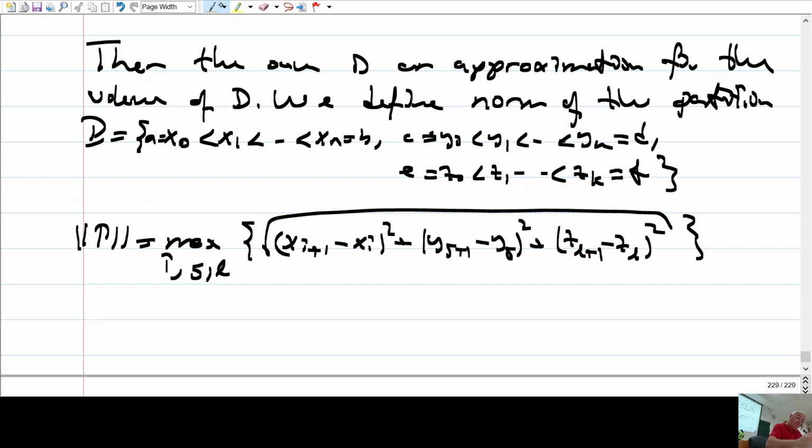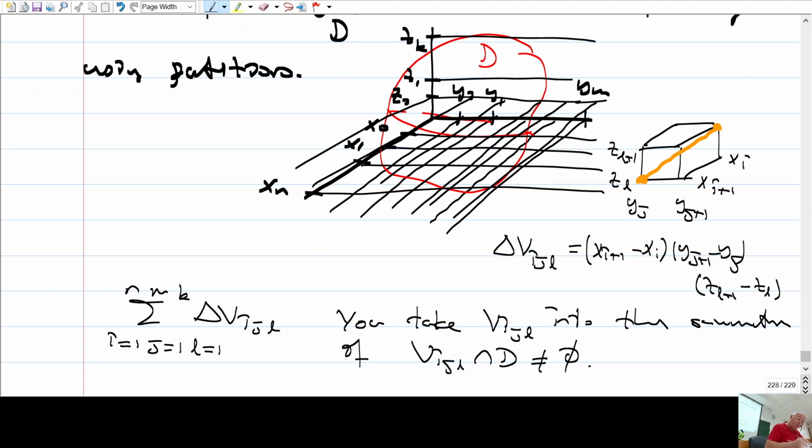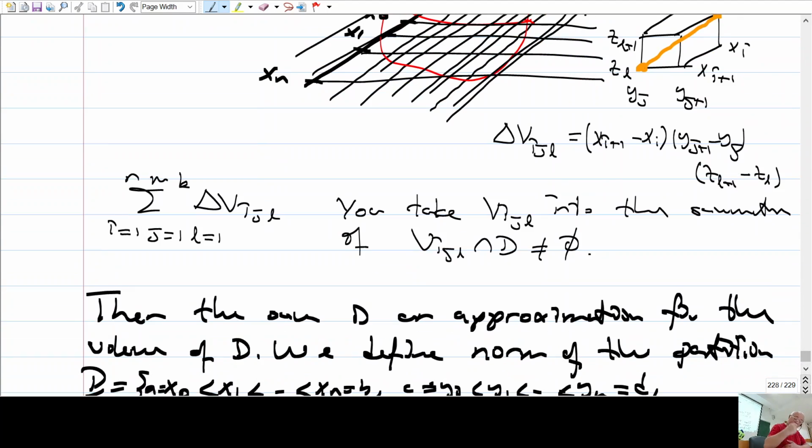Now, you keep computing this summation over all partitions.